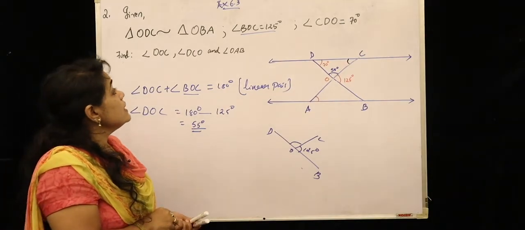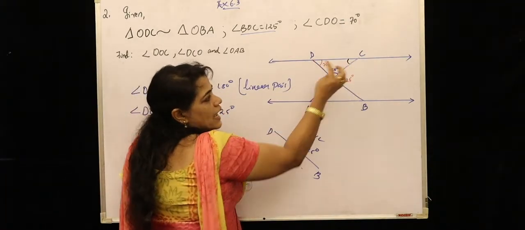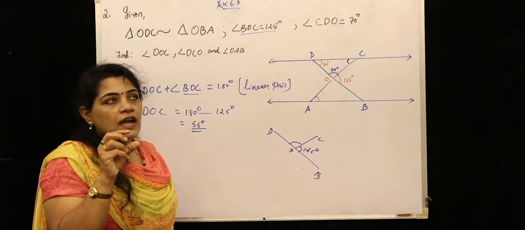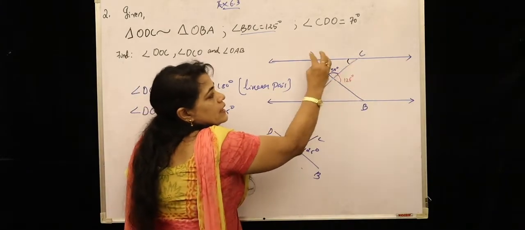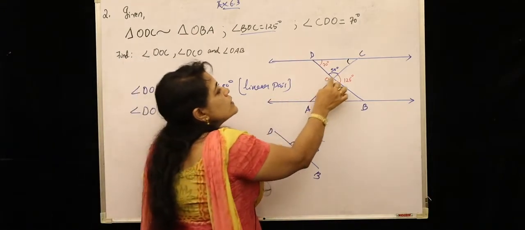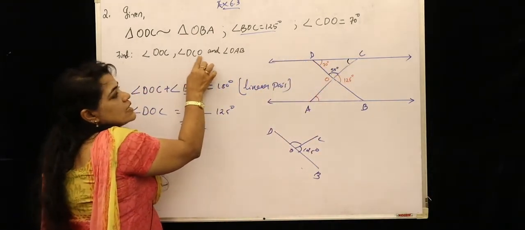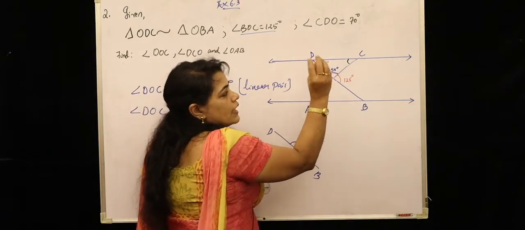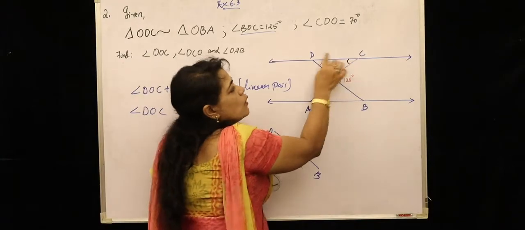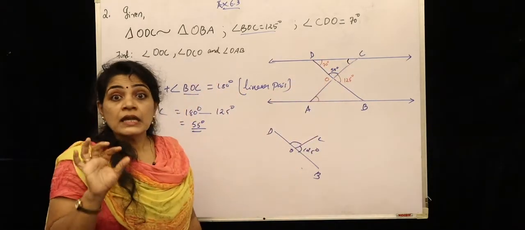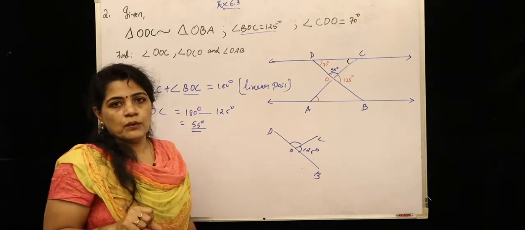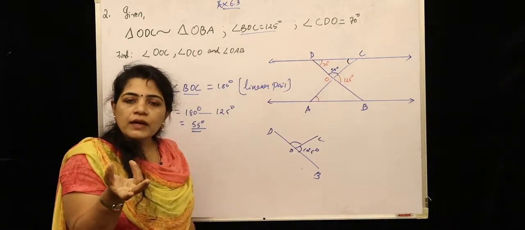Now children, DCO, this angle marked with black, is one of the angles of triangle OCD. You consider this triangle, and that angle OCD or DCO, the aim is that the vertex should come in the middle letter. You can express it with either OCD or DCO, it doesn't matter. That will be the third angle of the triangle DCO. So you can again apply the angle sum property.